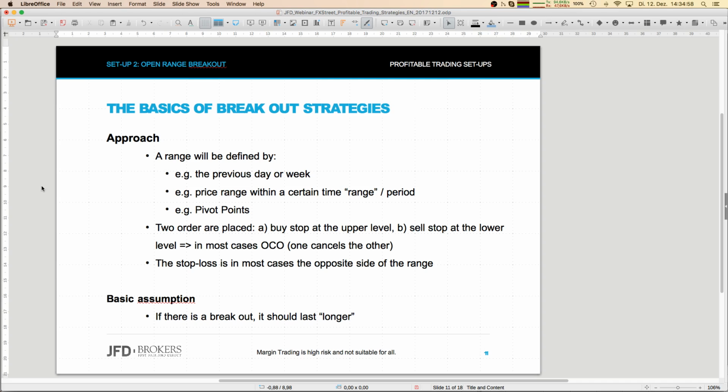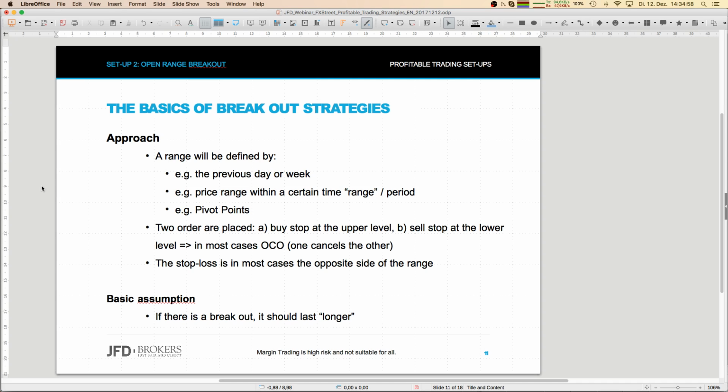We may even go down the road of time periods, with a specific time within the day between 6 o'clock and 10 o'clock. That is something we will use later. Between those 2 points in time, we ask where's the high, where's the low within that time range, and that creates the real range. You may use pivot points, whatever.